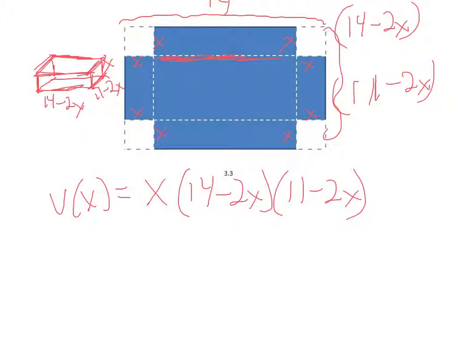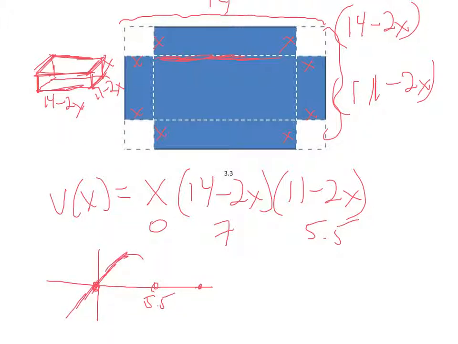So I know this graph crosses the x-axis at 7, at 5.5, and at 0. So I know it's a cubic. All these are multiplicity 1. So it looks something like this.